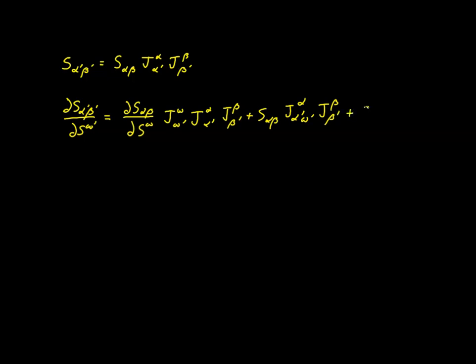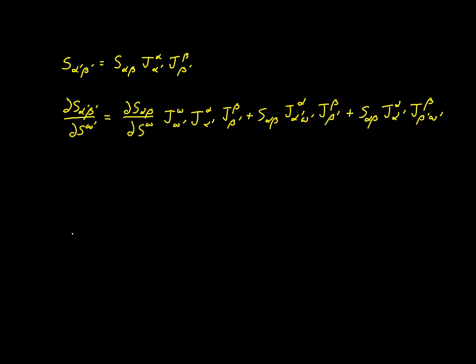So it's plus S alpha beta, this time it's J alpha alpha prime, and we take the second partial derivative out here, beta beta prime omega prime.